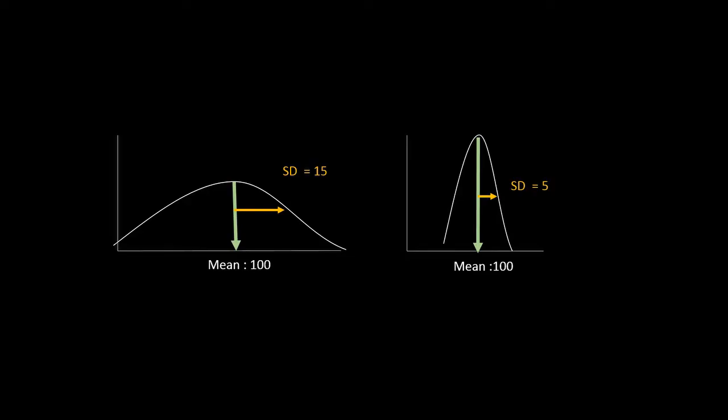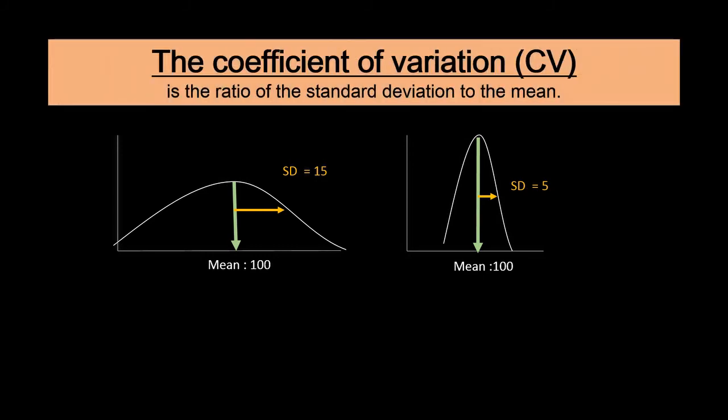Now this is the last point, the coefficient of variation. It is the ratio of the standard deviation to the mean. In this example, the standard deviation is 15, the mean is 100. So we say that the coefficient of variation is 15%. In this example, it is 5 to 100, so the variation is 5%.